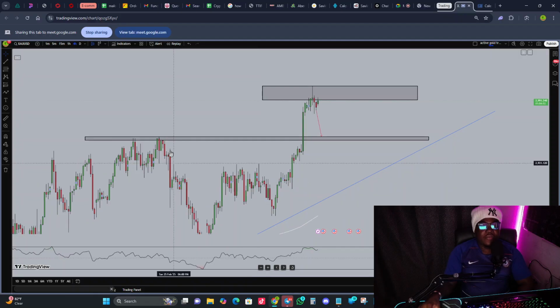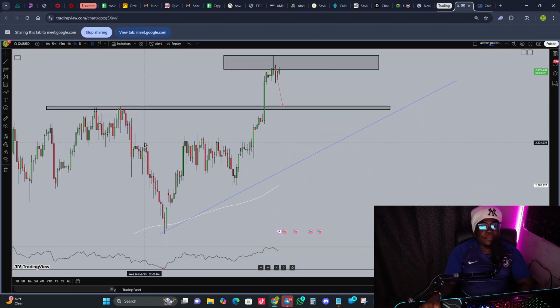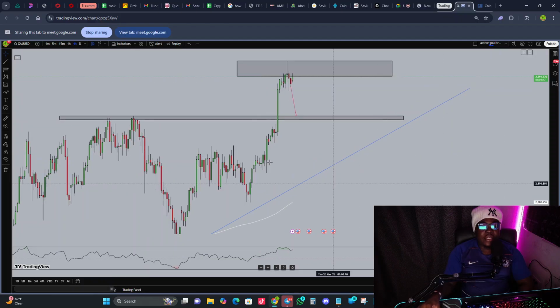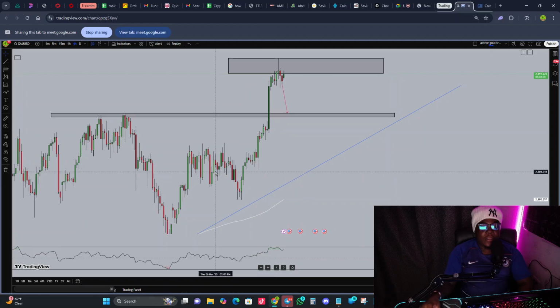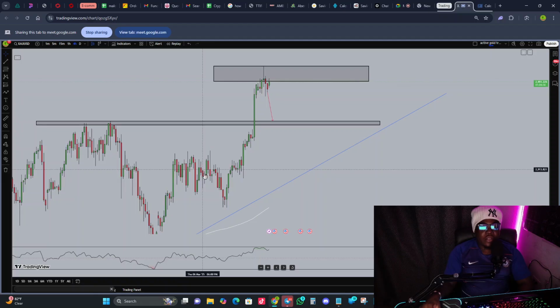So let me imagine this area here happened on top here, right? So forget this. The market breaks and we're looking for the pullback, right? So the market does this, pulls back. Imagine this here is the pullback.